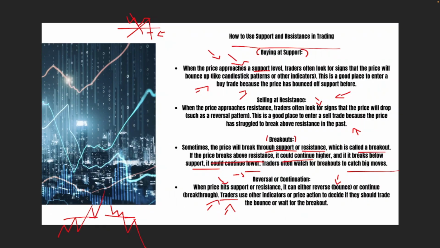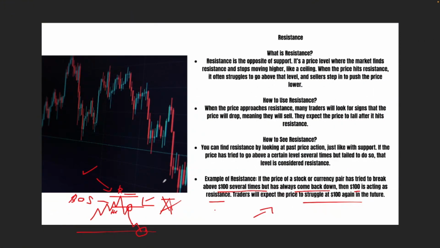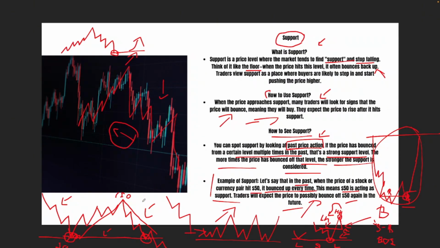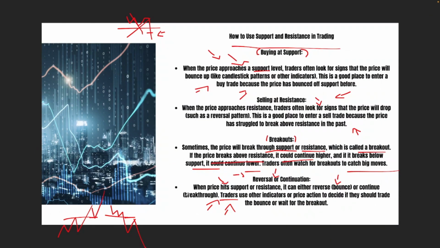So reversal or continuation of the market is the idea of what I do. The whole entire example that I give you here is always going to be reversal patterns, or continuation of the trend. Same thing with support, it's always going to be a continuation with the trend. So the idea is to always trade with the trend and not against the trend.